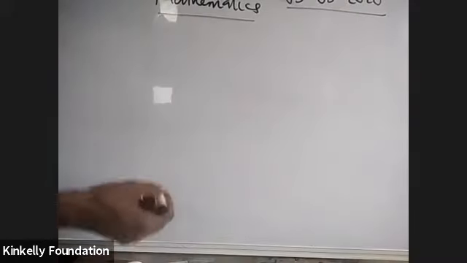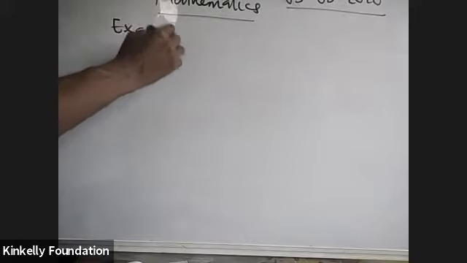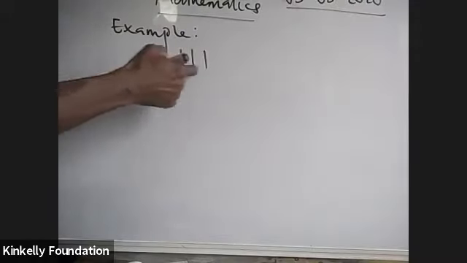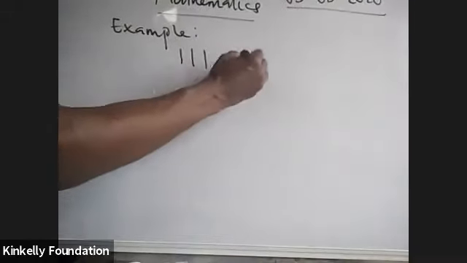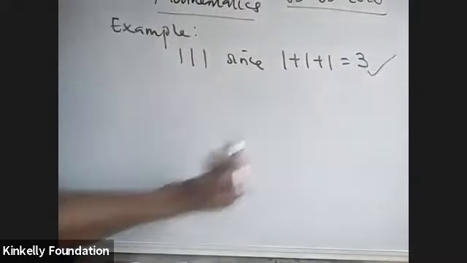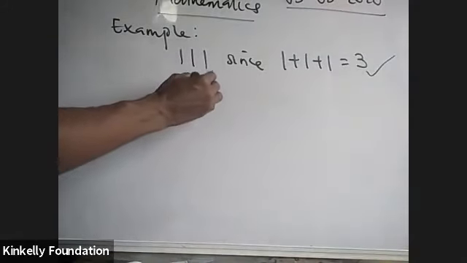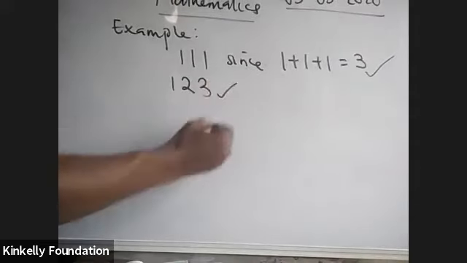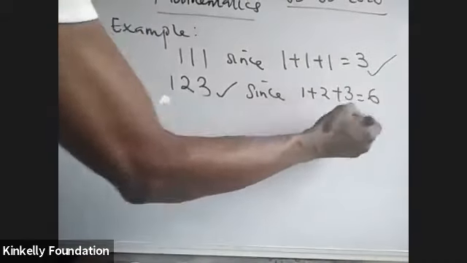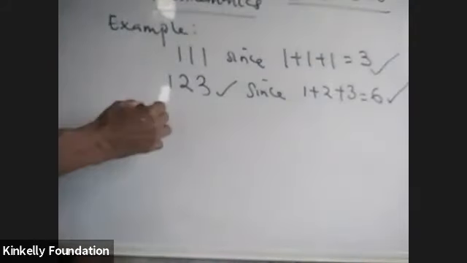Now, on divisibility by 3, we have an example. 111 can be divided by 3 since 1 plus 1 plus 1 is equal to 3, and 3 can divide this number. Let us consider another number. 123 is divisible by 3 since 1 plus 2 plus 3 is equal to 6, which is divisible by 3.